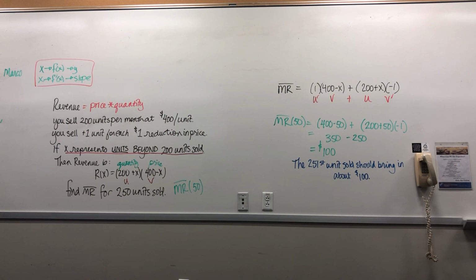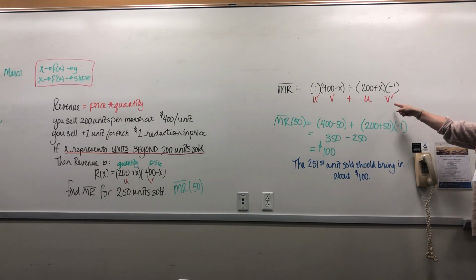So you were saying that when he mentioned quantity and price flip-flopped, 400 minus X could also be in front of, times 200 plus X. Does that change what your U and your V would be?